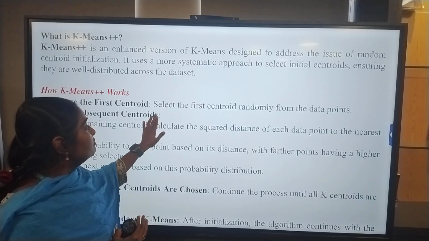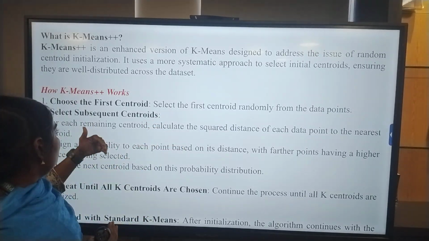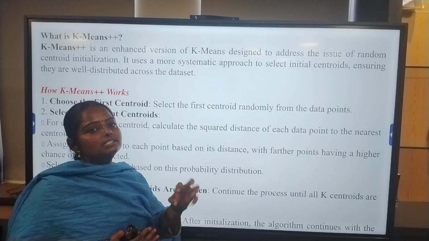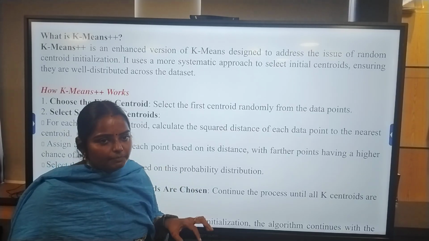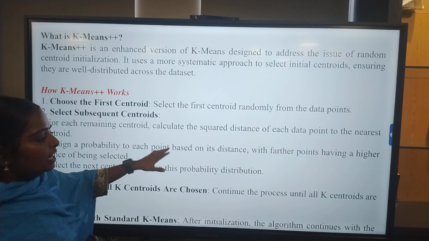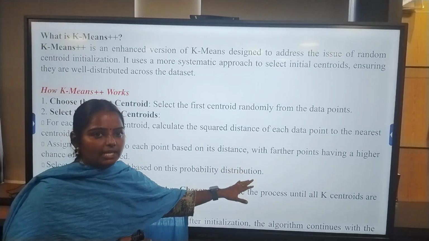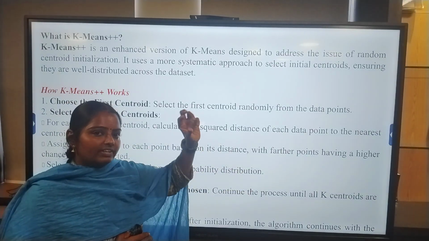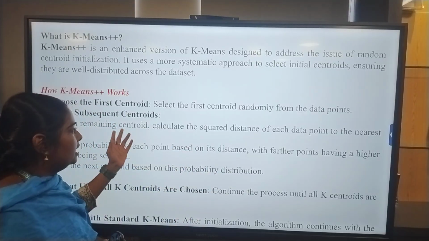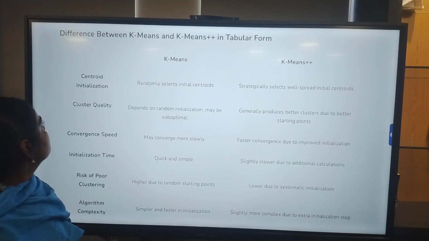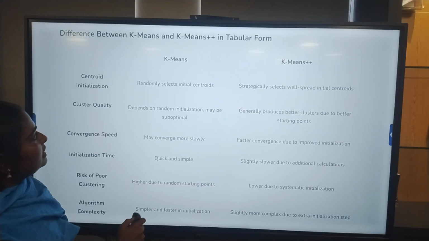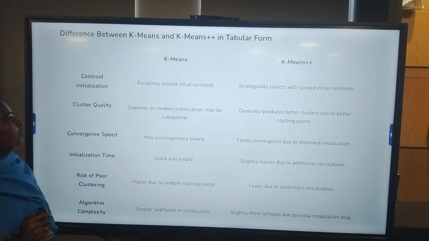Then you have to select the subsequent centroids, which is completely missing in K-means, and the remaining process is the same. First you choose the first centroid, then you choose the subsequent centroids as per K-means plus plus. This is the major difference between the two algorithms.